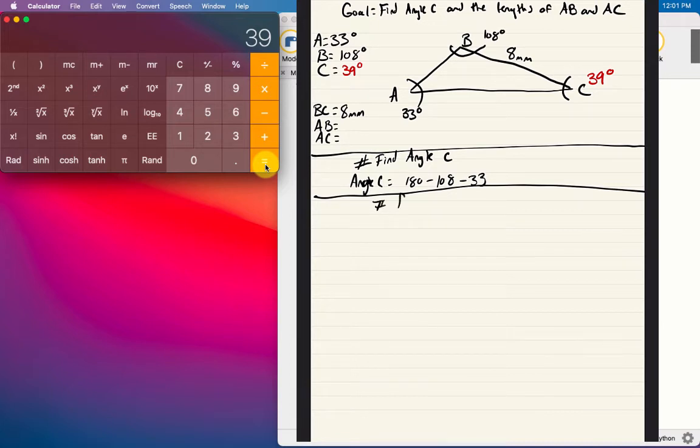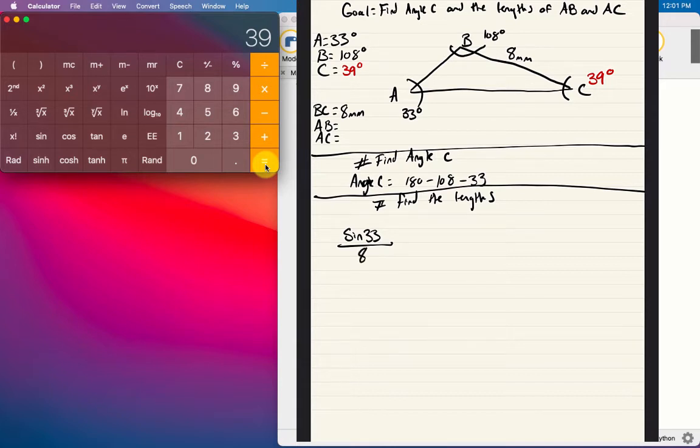So now what we need to do is find the lengths. We have the sine of 33, and the length opposite is 8 millimeters.